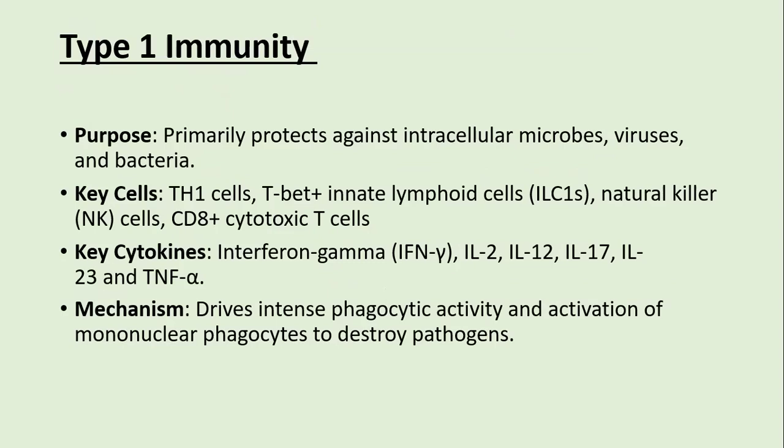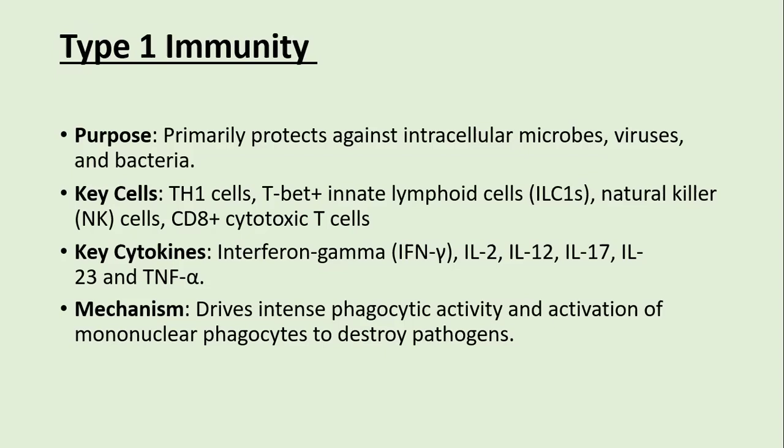Further about type 1 immunity. Purpose, I have highlighted the main purpose is this. Key cells are Th1 cells, T-bet positive innate lymphocytes called ILC1s, the natural killer cells, and CD8 positive cytotoxic T cells. And the key cytokines they produce are interferon gamma and tumor necrosis factor alpha.